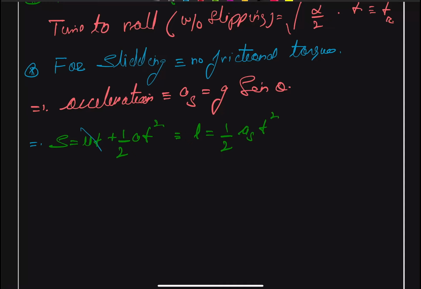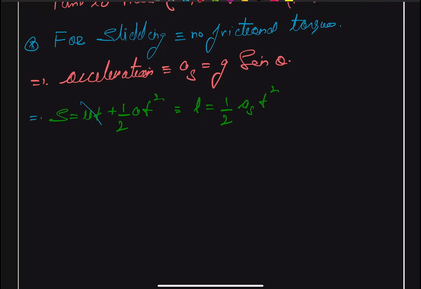So from here we can find out value of t. So we can say our t will be equal to the square root of 2 times L over g sin theta, substituting the value of A of s.